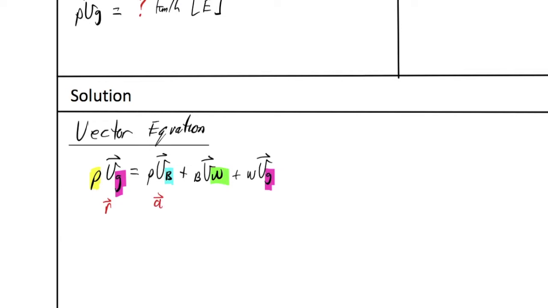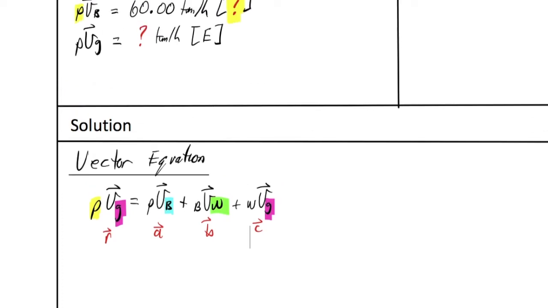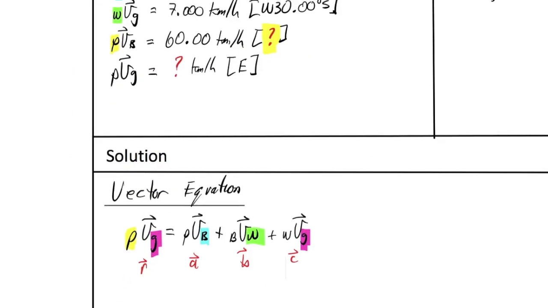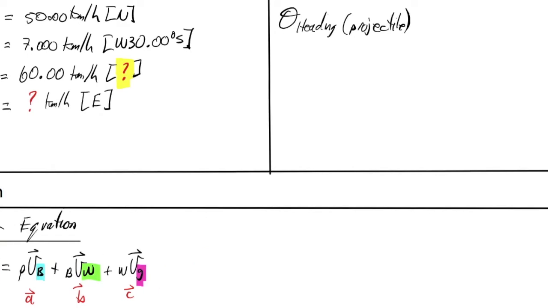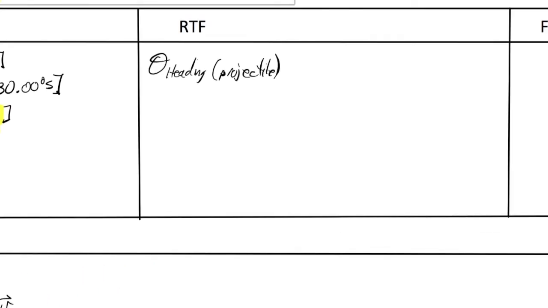PVB is our vector A, BVW our vector B, and our WVG is our vector C. So let's go back into our givens and retroactively label everything. Now that everything is labeled, we realize that the angle of PVB is the angle associated with vector A. So this theta heading of the projectile is actually our theta A. That's what we're looking for.